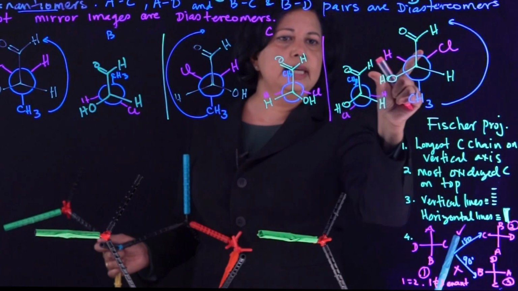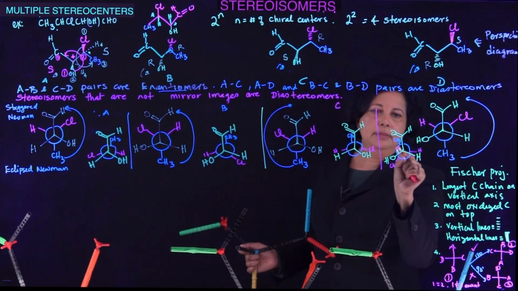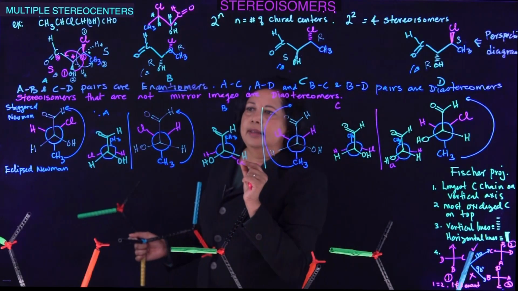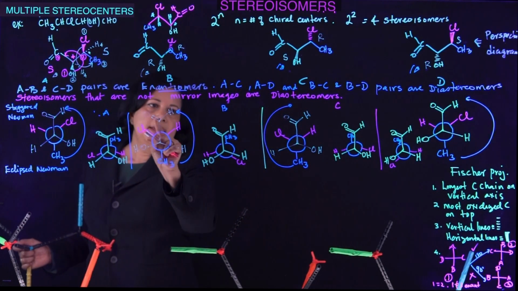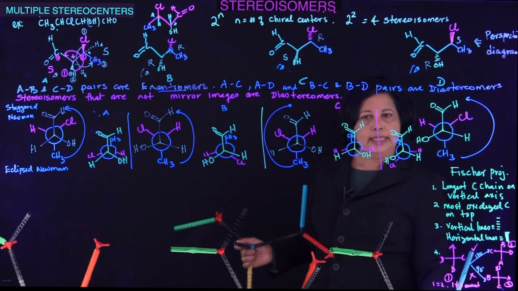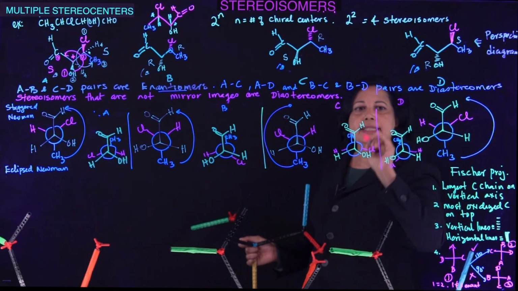So opposite side on the staggered will become same side on the eclipsed. Same side on the staggered will become opposite side on the eclipsed. Okay, all right, so we got all four of these.